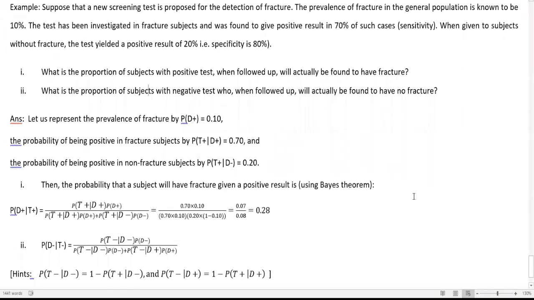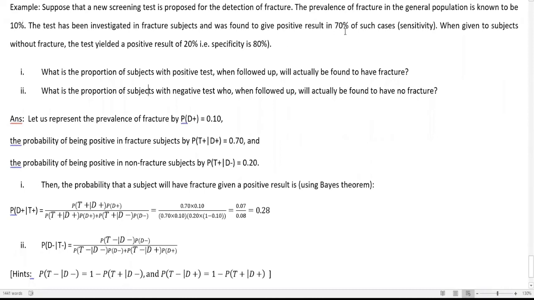Let us go through an example where we can use Bayes theorem for screening tests. If you go through the example properly, it is given that in the population, 10% have the fracture.